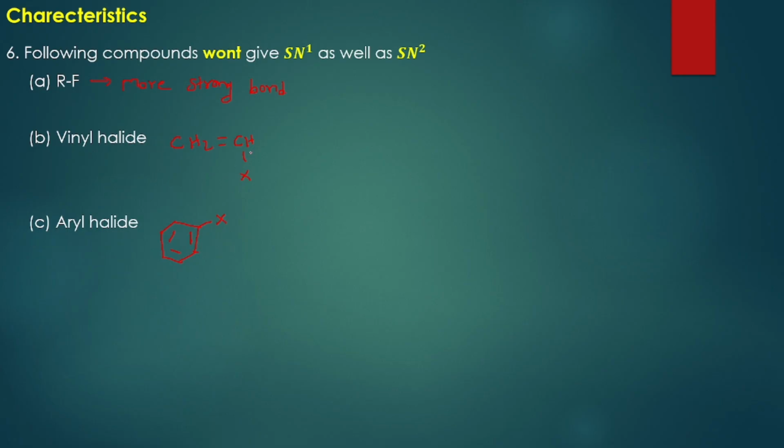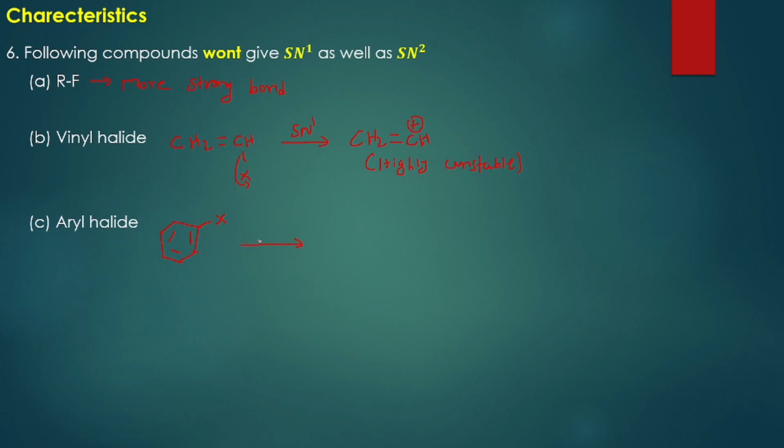Now you may ask a doubt, sir, in vinyl halide, if I try to do SN1, X will go, vinyl carbocation is formed. Is this vinyl carbocation stable? Highly unstable. Never. That's why there is no nucleophilic substitution.